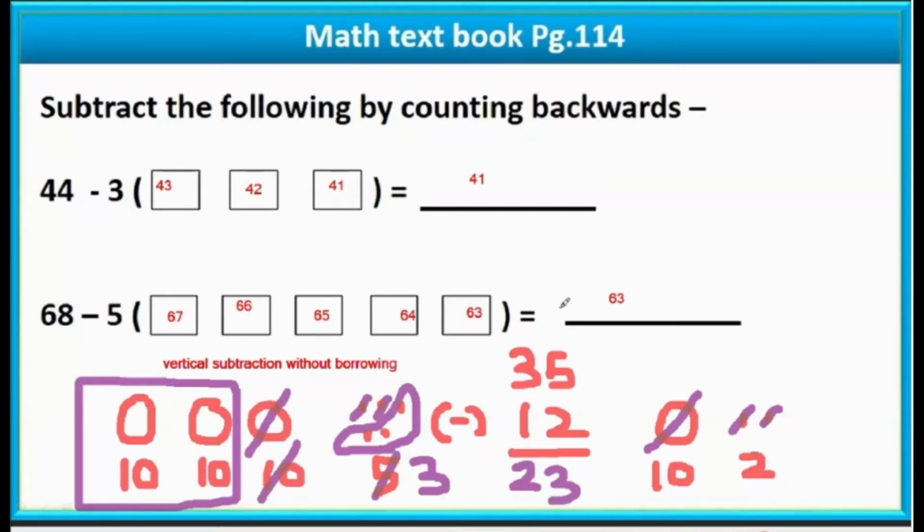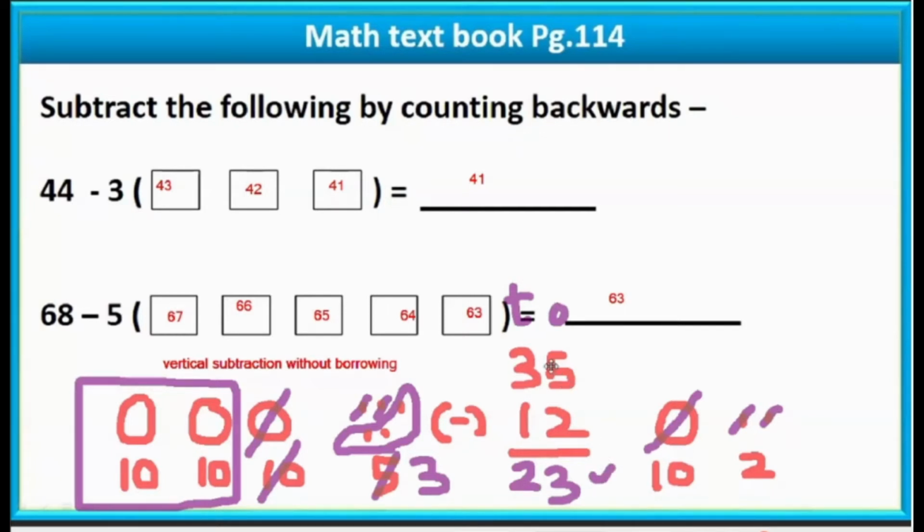Yes. Let's mark ones and tens. First, let's take into consideration the ones place. 5 minus 2. 5 in the mind, 2 on our fingers. Before 5, 4, 3. Yes, so 3 ones, we have made it correct.